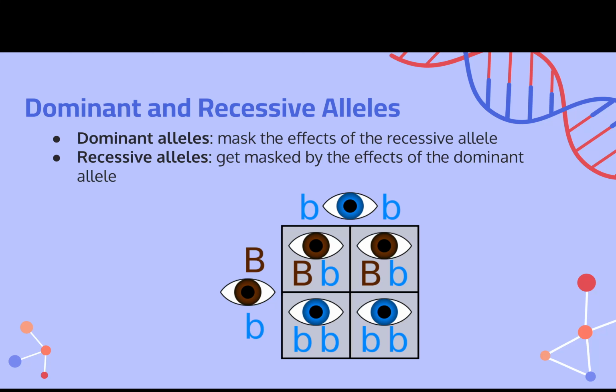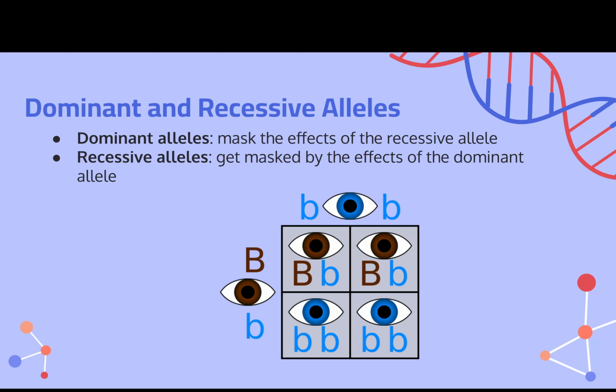So for example, in the Punnett square that's given below, the dominant allele is shown by the capital letter B, and the recessive allele is shown by the small letter b.